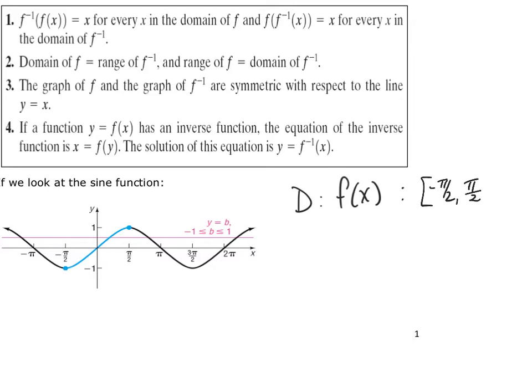What is my range of my original function? What is the lowest number you're going to get? So my range of my original function is between negative 1 and what's the highest value I'm going to get?